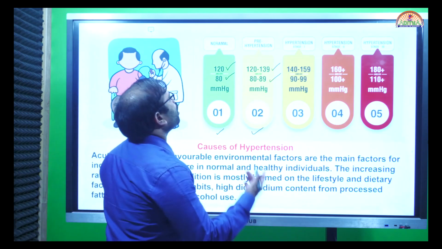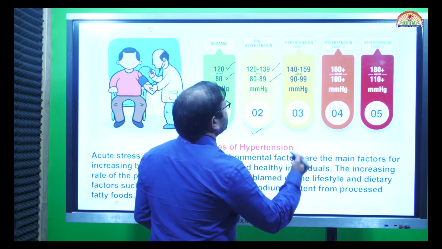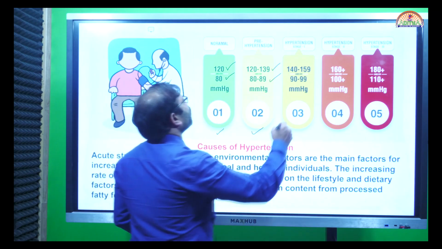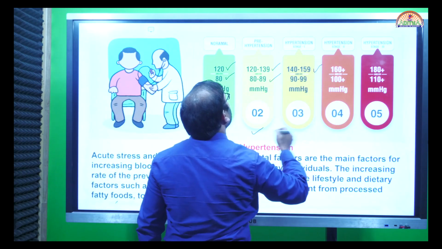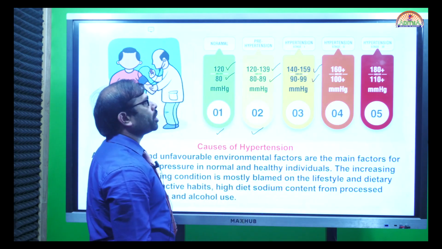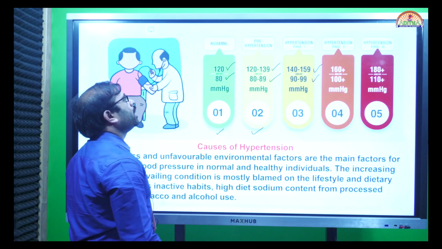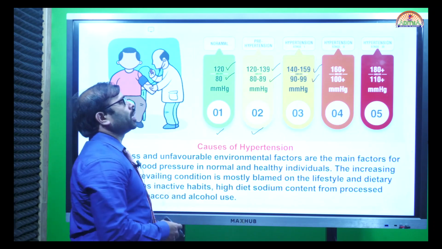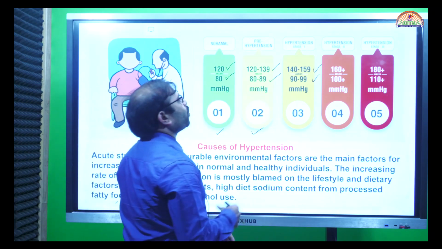Another stage is when the blood pressure varies from 142 to 159 systolic and 90 to 99 diastolic, mm of Hg. That is called hypertension stage 1, and it is quite a common stage.